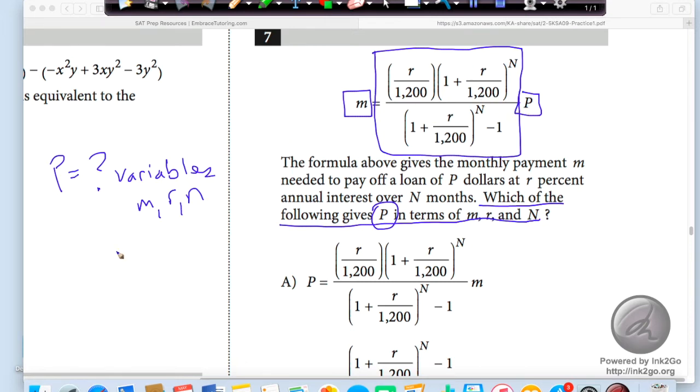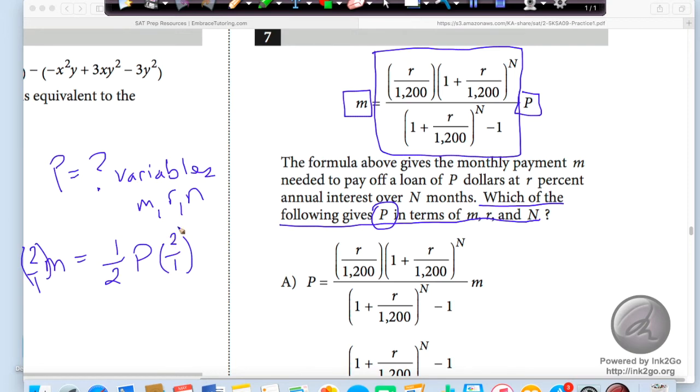But imagine if we did something where it was, let's say M equals 1/2 P. Now, in order for me to get rid of this fraction, I would still have to do the same thing. I would still have to multiply by the reciprocal for both sides, right? So I would still have to end up doing 2/1.